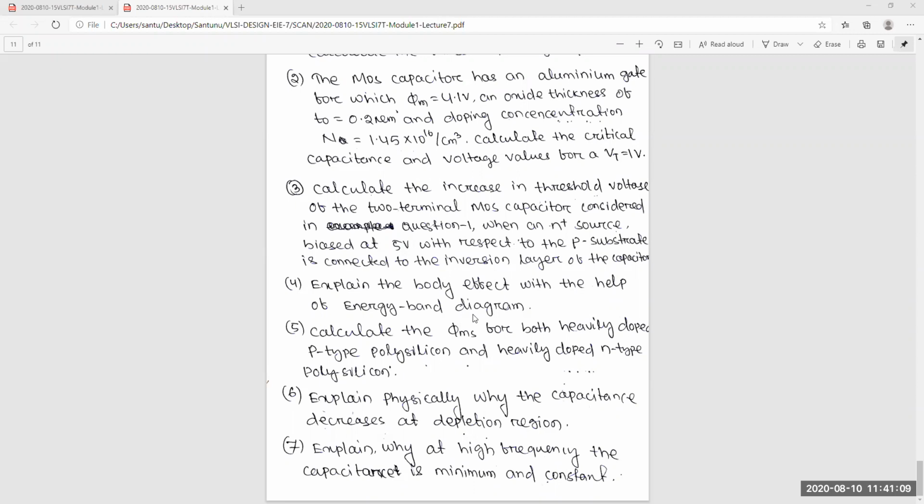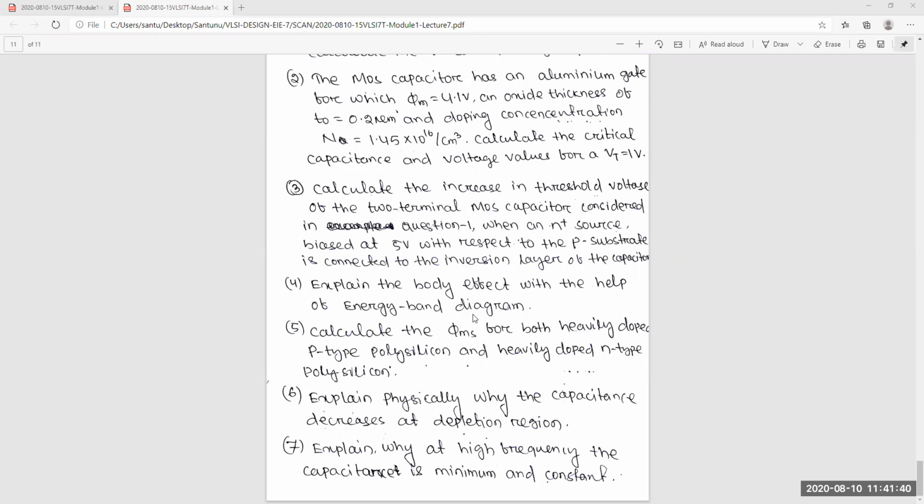Okay. We have done a lot of explanation on that band diagram, and how the charges and electric field behave, all these things. So definitely I hope you will calculate that body effect from the energy band diagram. Okay. So this is the fourth question. And fifth is calculate the phi ms for both heavily doped p-type polysilicon and heavily doped n-type polysilicon.